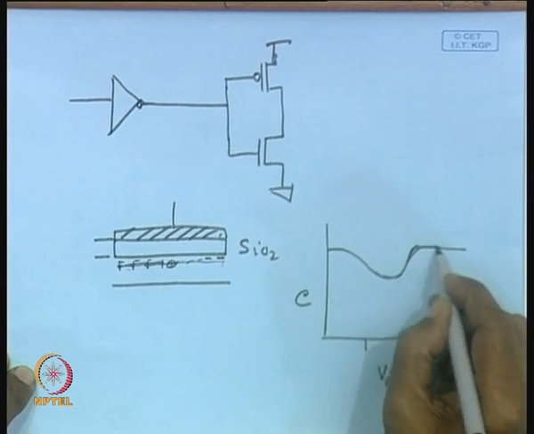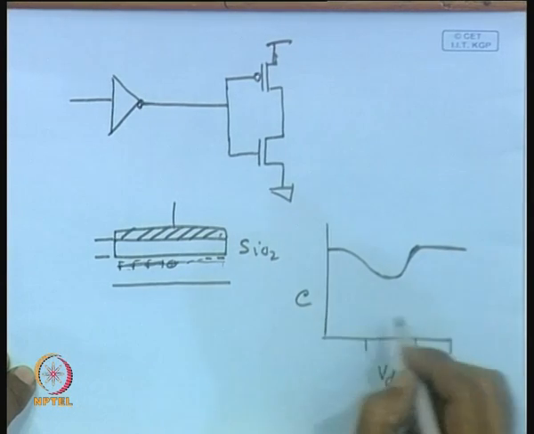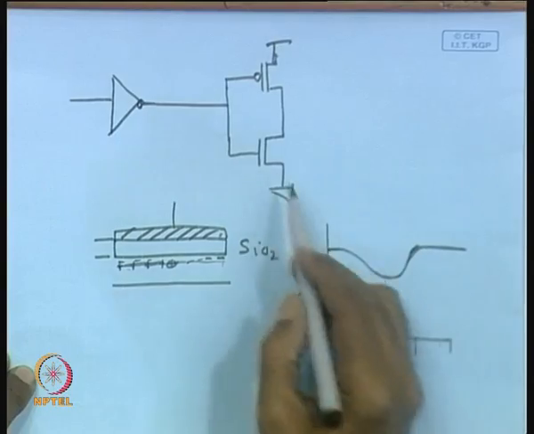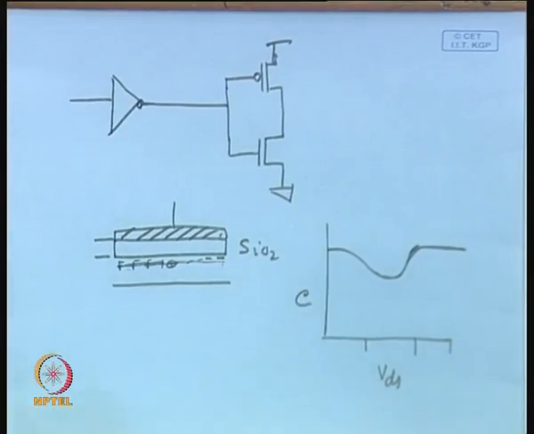So, what I am trying to say here is that the capacitance value of the gate region is not fixed, it depends on the gate voltage that you are applying, and because of the different values of gate voltage the device moves from one mode to another, accumulation to depletion to inversion, and accordingly the gate capacitance will change.